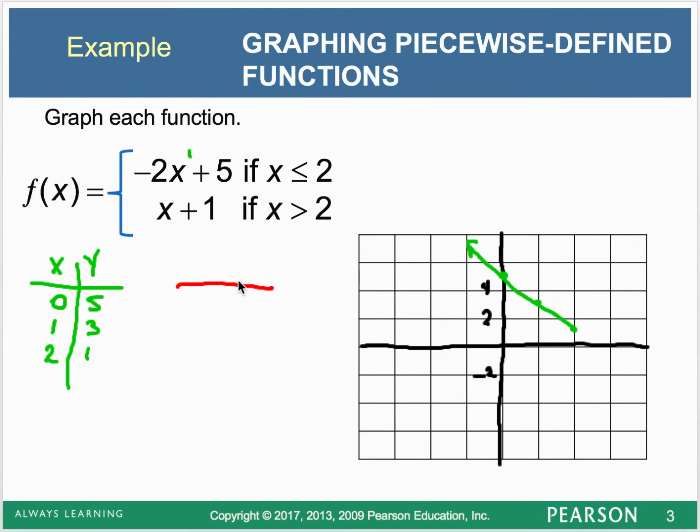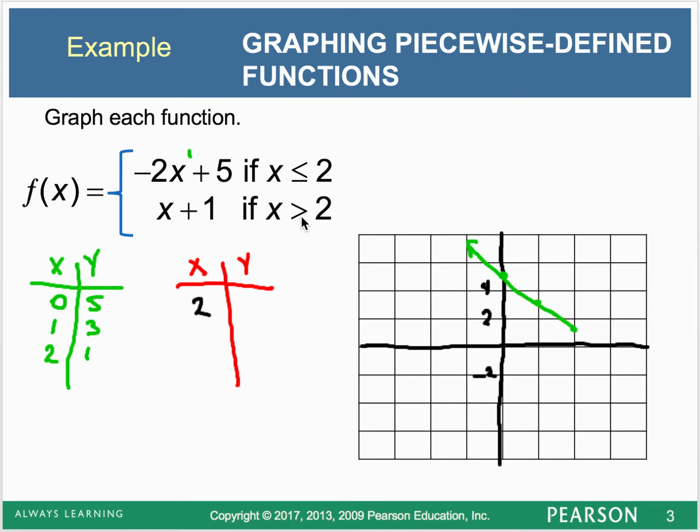Let's draw the other piece. I'm going to do it in a different color just to be obvious what we're doing. Now I want numbers greater than 2. Now I'm going to, actually I'll do it in black, I'm going to use 2, because if I just started with 3, all of these parts of the graph in between wouldn't be graphed.